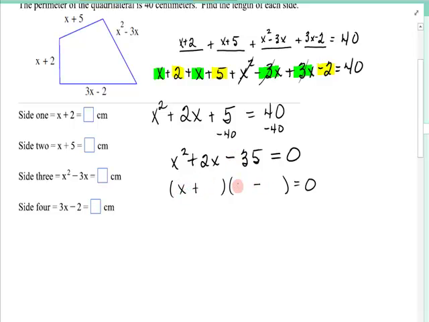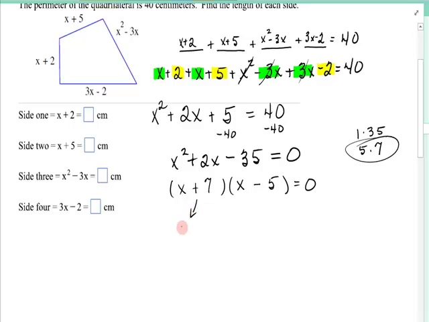I know I need an x and an x to get the x squared. 35. It's either 1 and 35 or 5 and 7. Because these have different signs, they have to have a difference of 2. 7 and 5 have a difference of 2. I'll make it be a positive 7 and a negative 5. You can check your outers and inners, and those work fine.